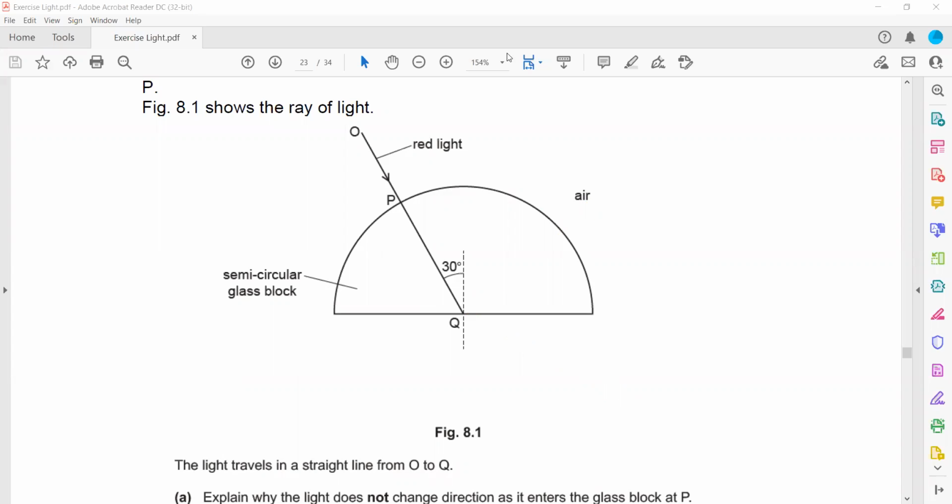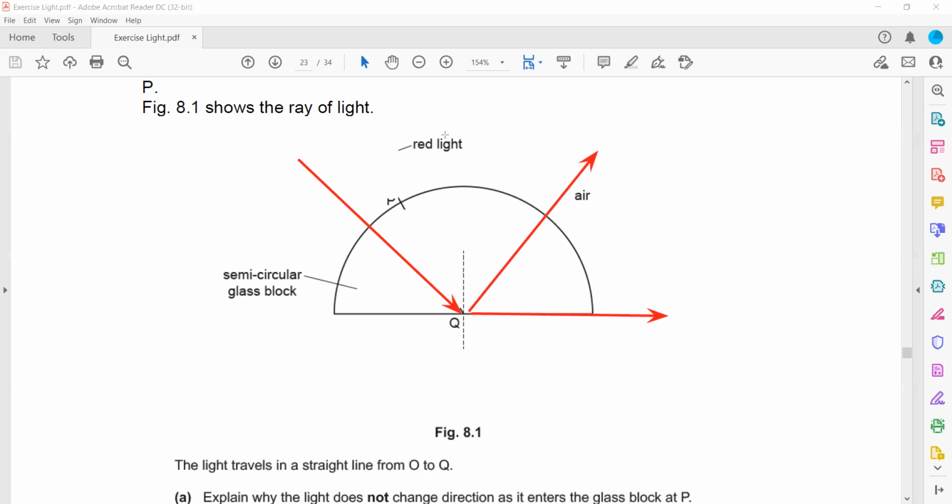But now we are increasing this angle. Instead of 30, we increase it to a certain value. So at a certain angle of incidence, some of the light will refract at 90 and some of the light will reflect back.